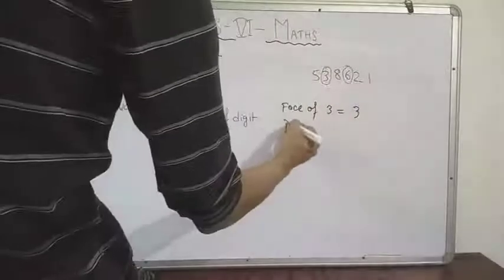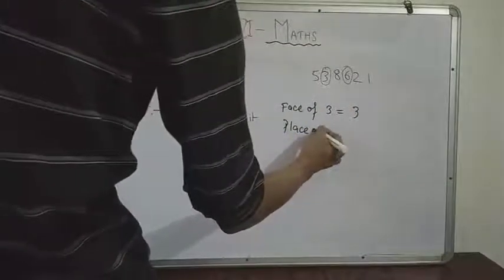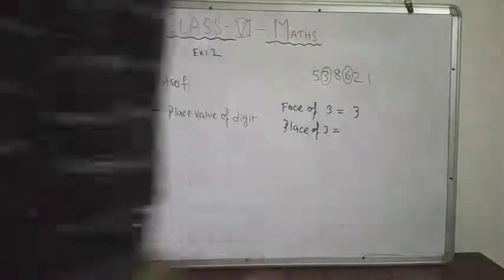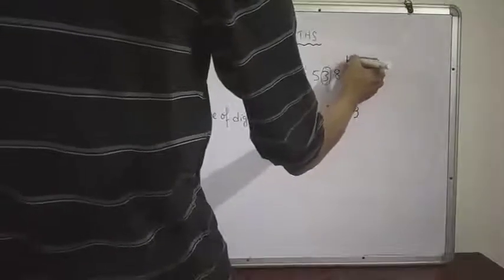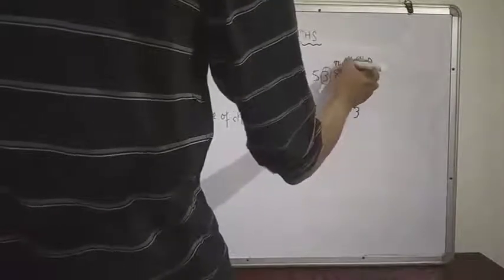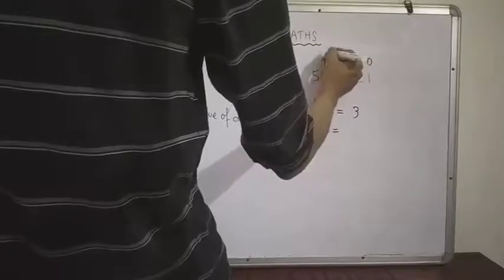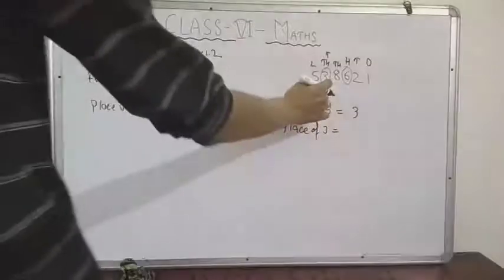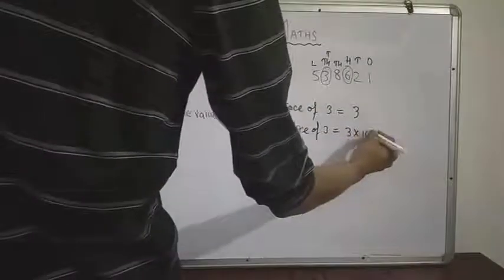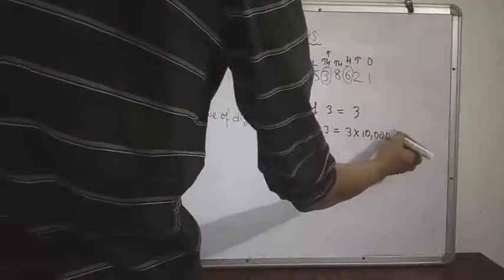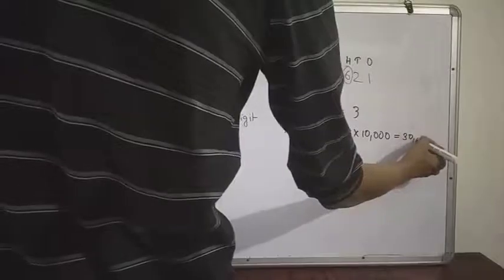But if the question asks the place value of 3, we should write the digit according to its place value. Ones, then tens, 100, 1000, 10,000, then lakh. So 3 comes under which place value? 10,000. So we multiply 3 into 10,000. The answer will be 30,000.